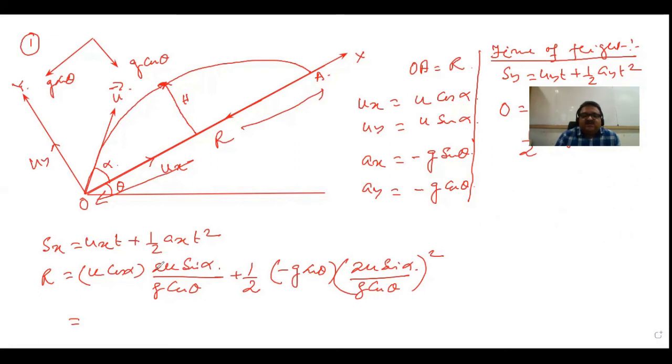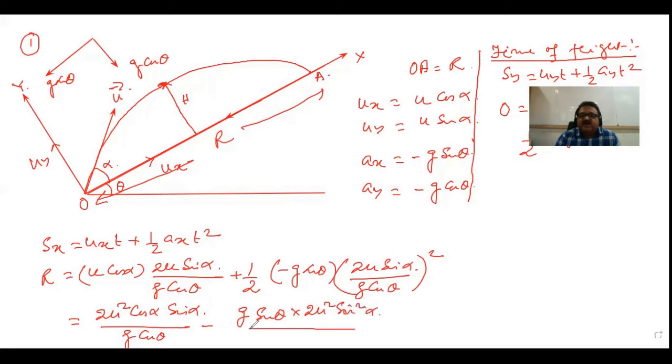Let me do some calculation first. 2u² cos alpha sin alpha by g cos theta minus g sin theta, 4 and 2 get cancelled, so 2u² sin² alpha by g² cos² theta.